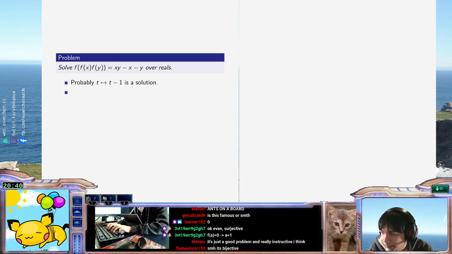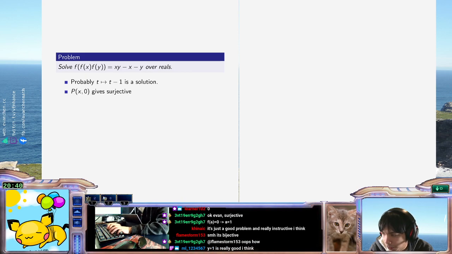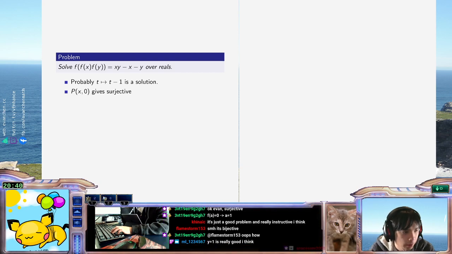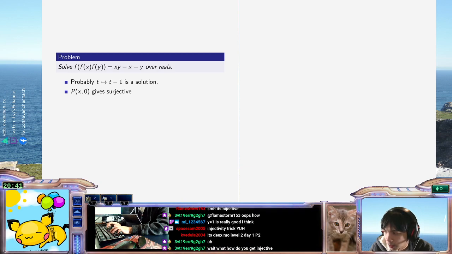But yeah, so if I set a = 0, so P of (x, 0) gives surjective, and if I want to get injective, how do I get injective? So if f(a) equals f(b), I need a y such that... Wait, 0 should work, right?